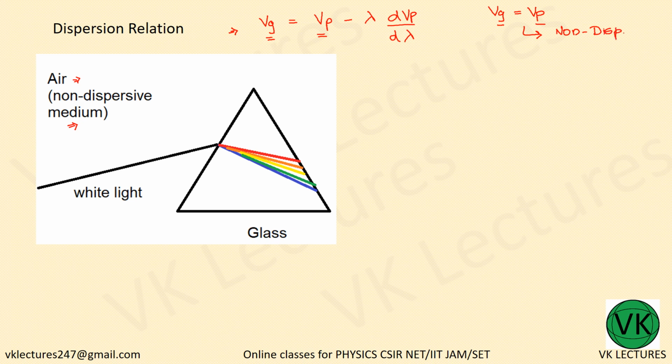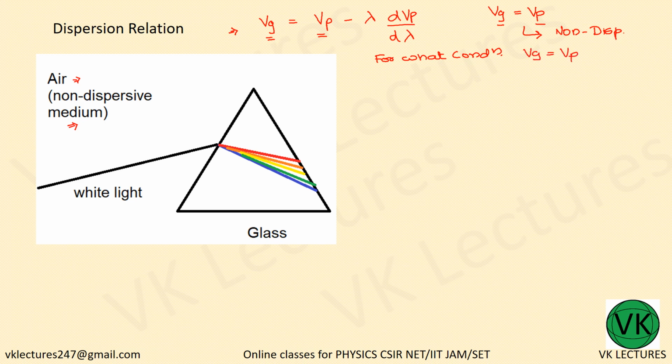That means it doesn't disperse. Group and phase velocities are the same. Now let us understand for what condition this Vg is equal to Vp.